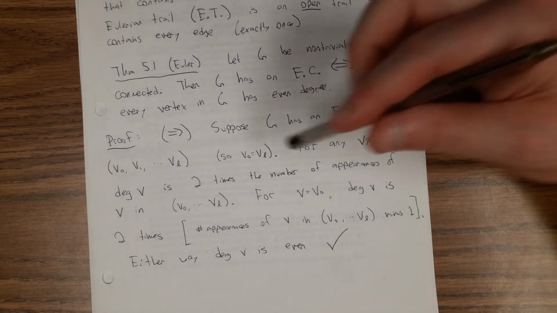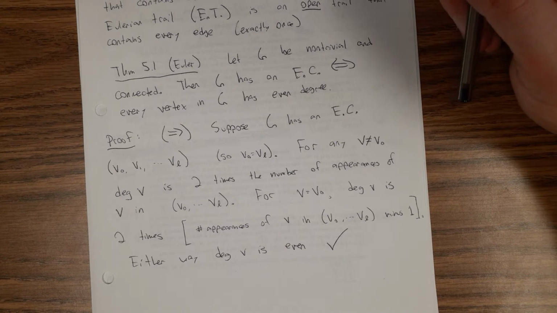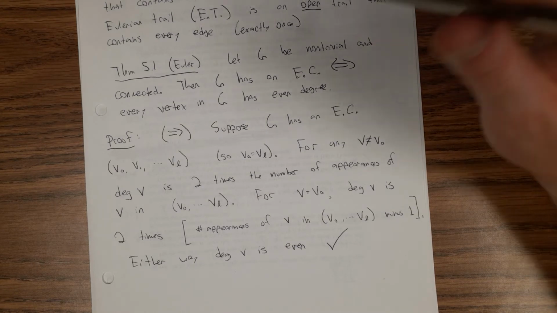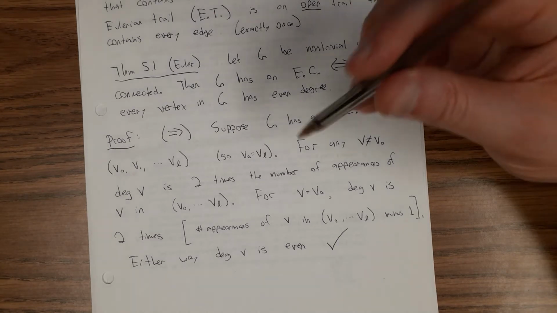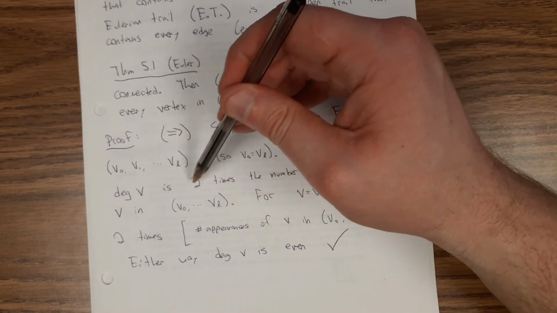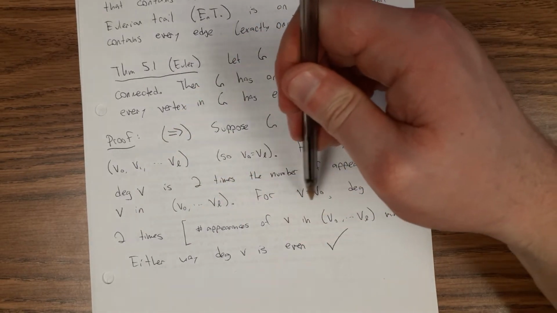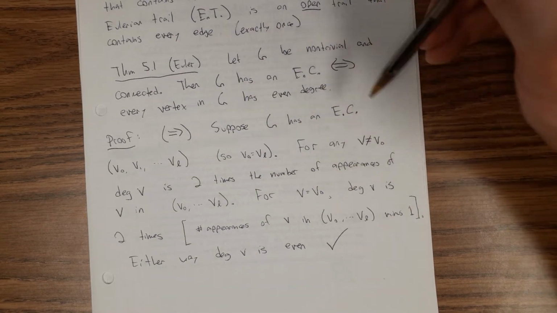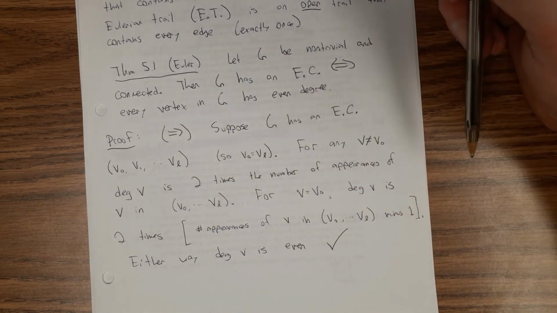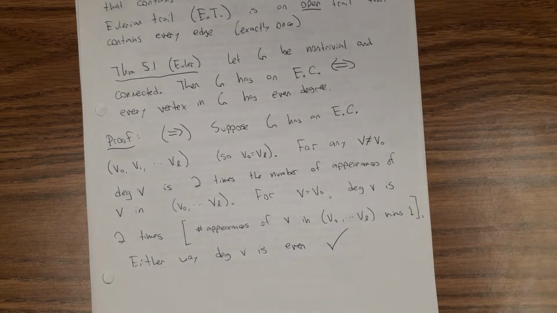So its degree is 2 times the number of appearances minus 1. Either way, the degree is even. The degree of V is 2 times the number of appearances, or in the case that we're talking about, the first vertex, which is the same as the last vertex, it's 2 times the number of appearances minus 1. But either way, it's going to be an even number.